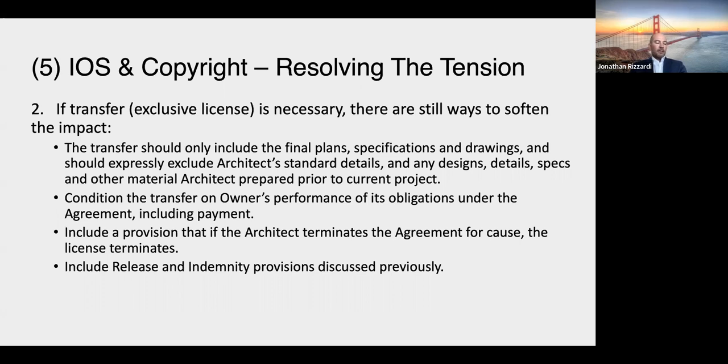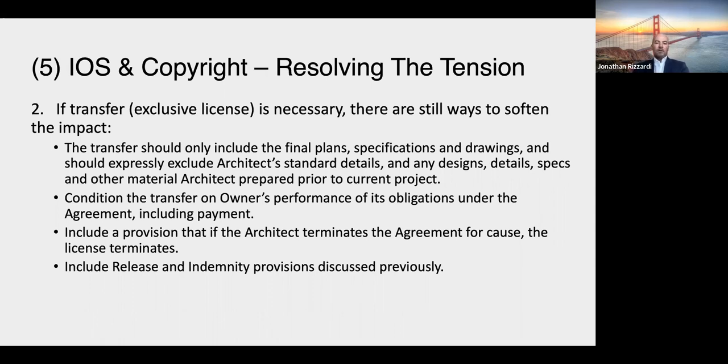One thing you should think about is limiting the transfer as much as possible, so the owner doesn't get everything you've ever generated on the project. He gets the final versions, and he absolutely does not get your standard details, designs, etc. And then those other three bullet points below are similar to what we just talked about: conditioning transfer on performance and payment.